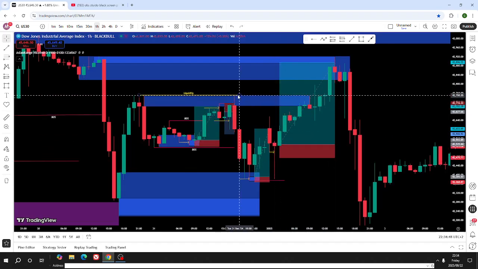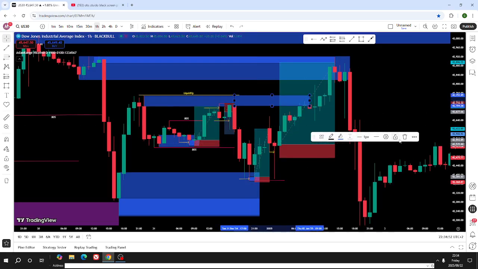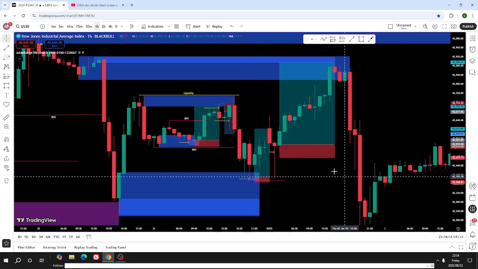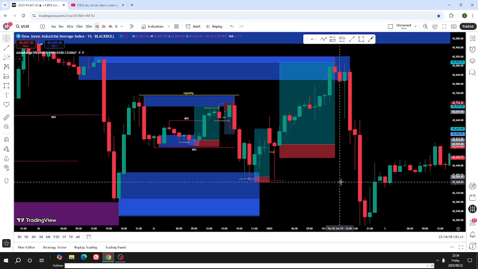Why? It's just right on the liquidity, so it's not what I'm looking at to say it will affect me. This one is totally not gonna affect me because it's exactly right on the liquidity, right?